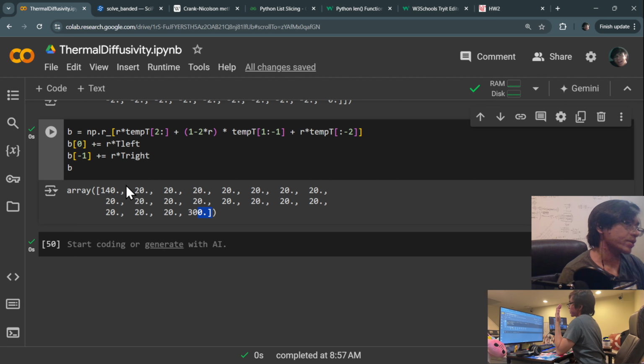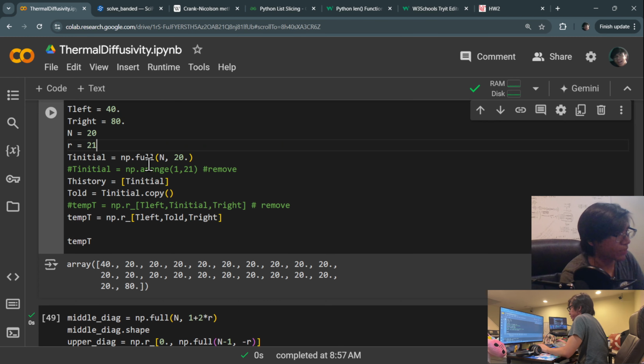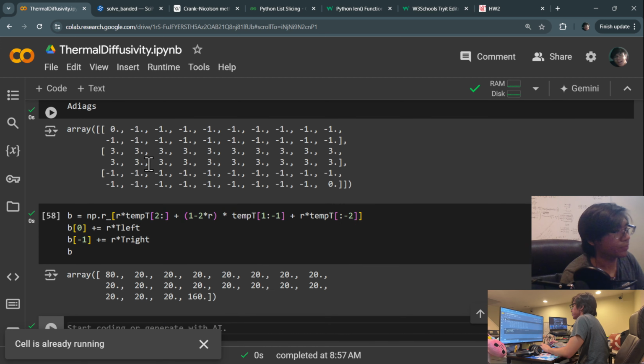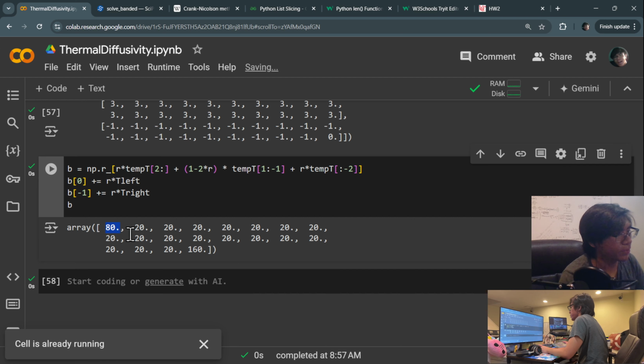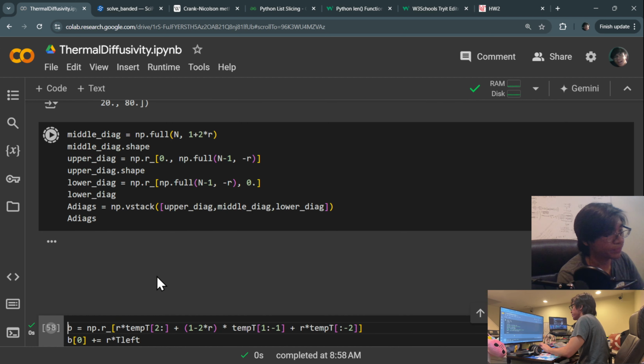So was it 40 times 3? 120. We have an extra 20 for some reason. Let's change it to 1 since I know what it is at 1. There we go. So yeah, double, because we added twice. That was right. I guess I confused myself somehow. Very cool.